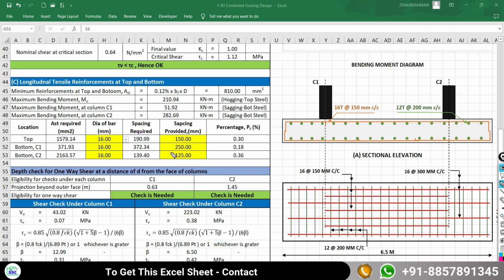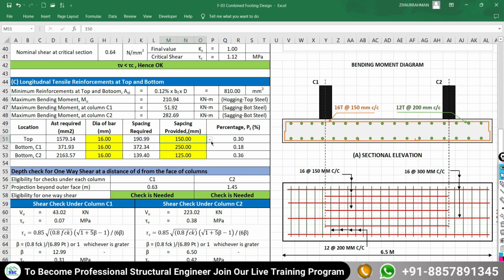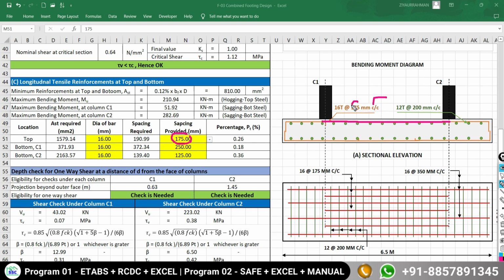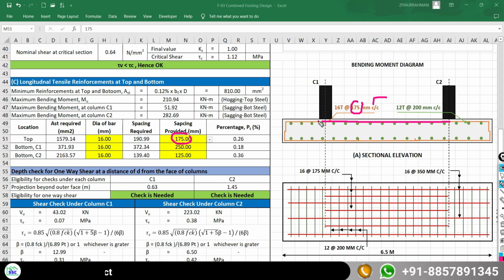Okay, so here I am going to provide 175 center to center spacing between the longitudinal bars at the top face. But if I provide 175 mm spacing, what problem do I need to face? Try to understand. Here the reinforcement will be center to center, and the spacing I am going to provide is 175. But what about this projected part? For this projected part, we have to provide the minimum reinforcement.